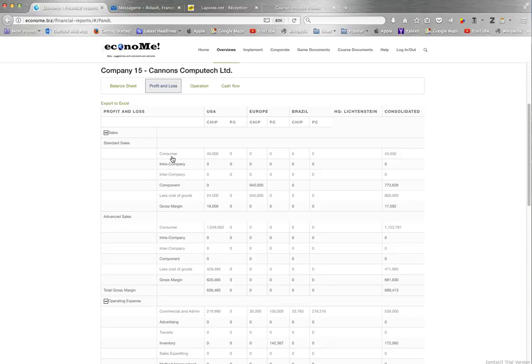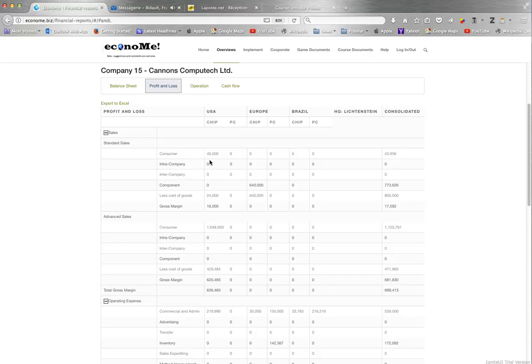Then each of these categories is broken down into several categories because you can sell in different ways. You can sell to consumers, you can sell to yourself from, let's say, the USA to Brazil operation, you can sell to another company, and you can sell your chips to the PC production.